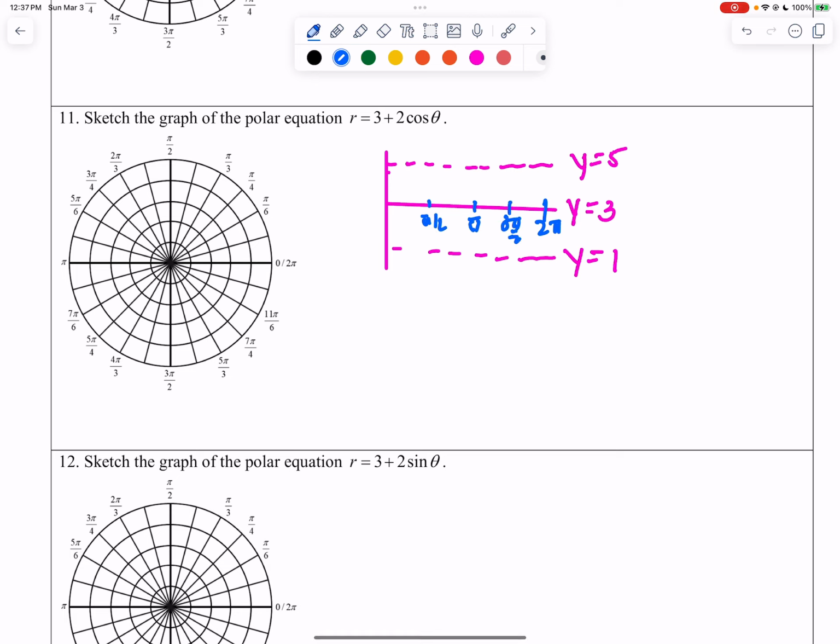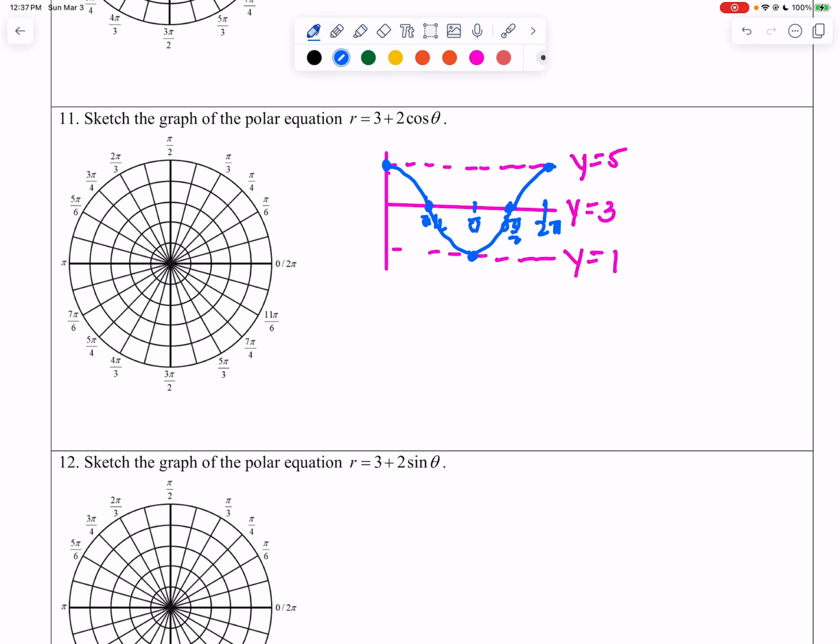Now cosine starts high, so I'm going to start high, then go down to my midline, then minimum, then midline, then back up. So I have this right here. This tells me that at 0, r is going to be 5. So right here. And then from 0 to pi over 2, pi over 2 is going to be 3.